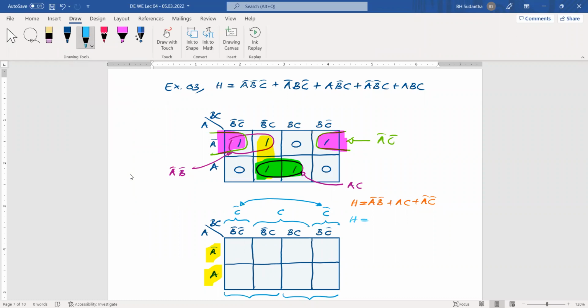Then this one, A bar C bar, is already there. AC is already there. And only B bar C is coming new.